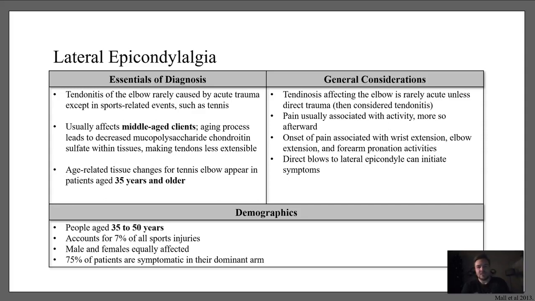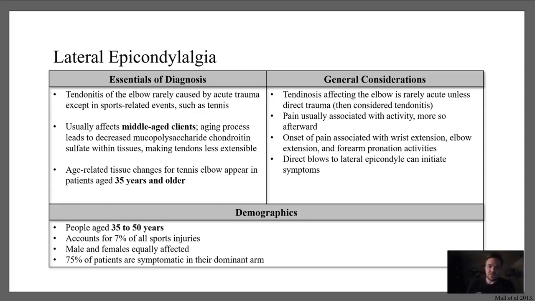However, as we say in the biz, if it looks like a horse and talks like a horse, don't think it's a zebra. Meaning, there's a lot of different things that may cause lateral elbow pain. We went over a few on the last slide. But the most common is true lateral epicondylalgia.